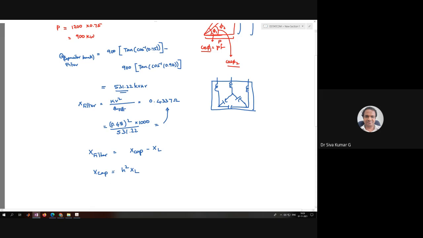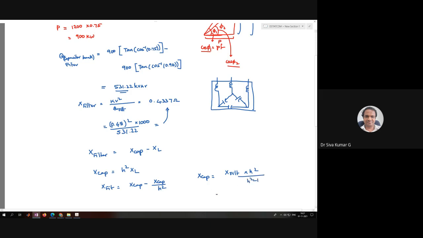You can substitute this in the equation: X filter is equal to X cap minus X cap by H square. We get X cap is equal to X filter reactance into H square by H square minus 1.